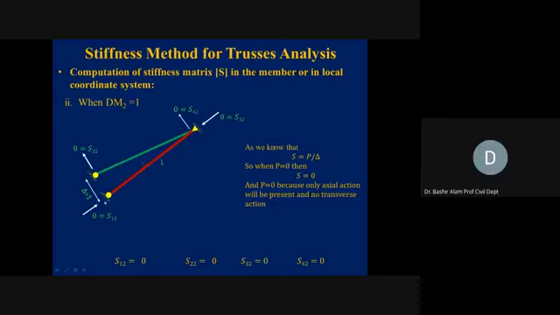Along the axis, the force produced will also be equal to 0, and to put this system in equilibrium, these forces will also be equal to 0. So S at 1 due to 2, S at 2 due to 2, S in 3 direction due to 2, and S in 4 direction due to 2, all these are equal to 0. And we record all these values, so the second column as a whole is equal to 0.